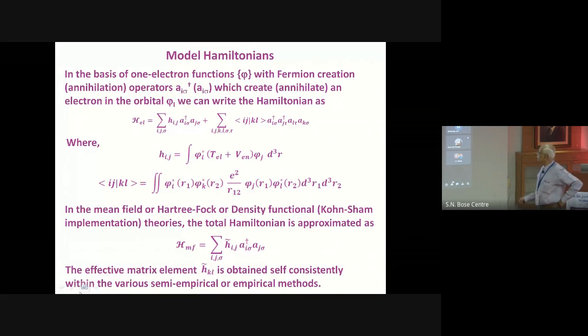What one does in mean field theory is replace the one electron H by H tilde, which is a self-consistently obtained one electron matrix. And you can have H tilde_kl replaced by some phenomenological parameters like the transfer integral, as in the energy band theory of the single band tight binding model and so forth. Okay, so you can do that.